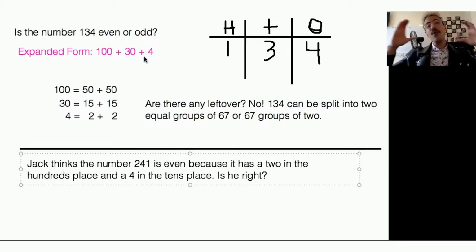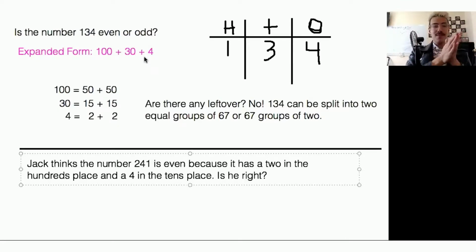If I can split the hundreds, the tens, and the ones into 2 equal groups, or divide them evenly into groups of 2, then I will have an even number. If I can't, and there's a leftover in one of the places, the ones place, then it's an odd number.